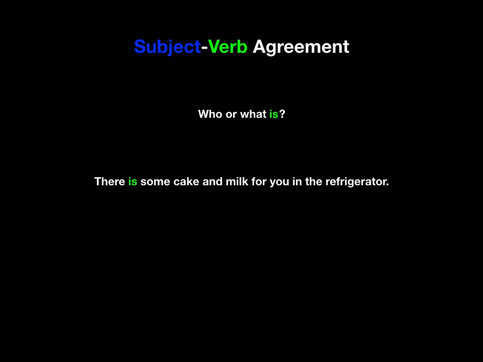Analyzing the sentence, we can see the prepositions for and in. For is followed by the pronoun you, and in is followed by refrigerator. Therefore, we know that everything from for to you and in to refrigerator is part of a prepositional phrase, and that our subject cannot be within those words. We should also remember that there can never be our subject.